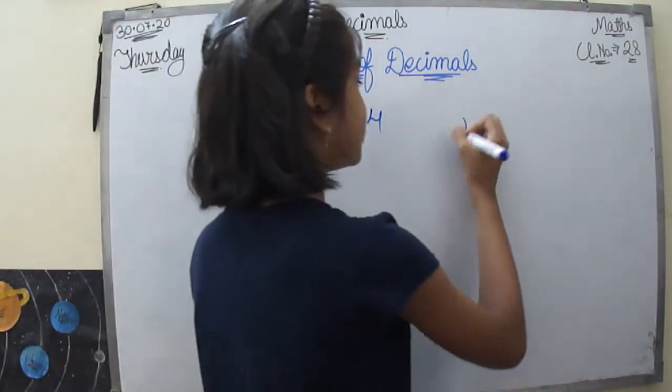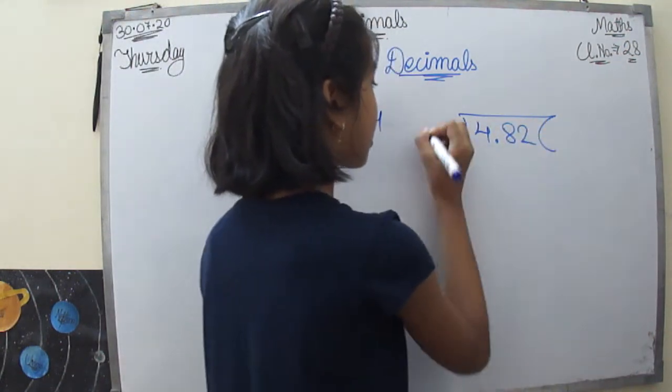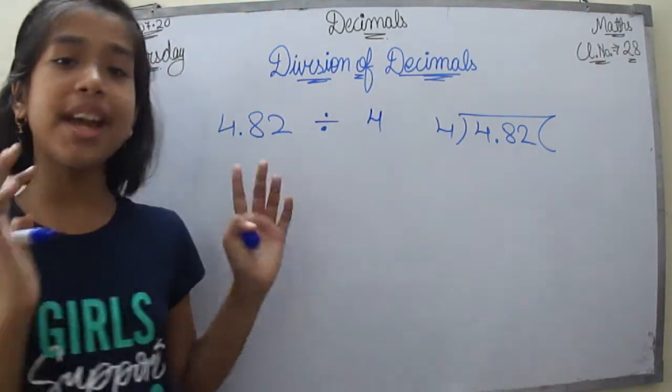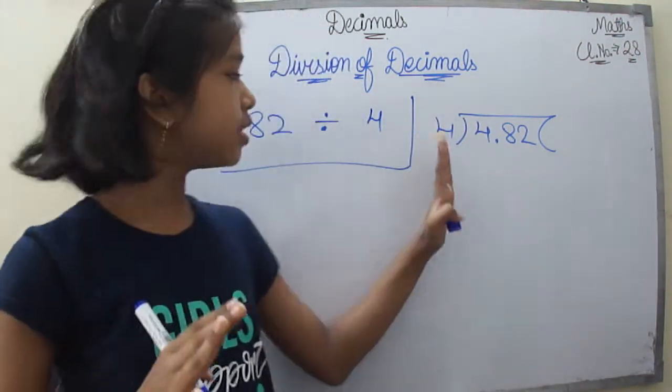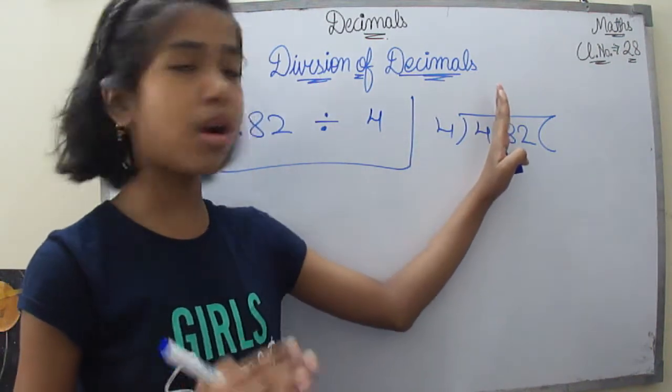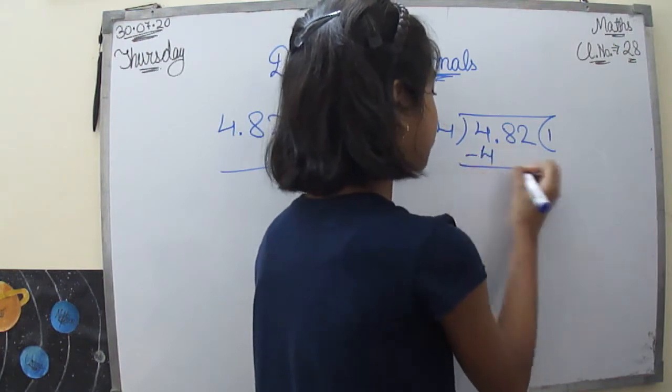So for this, let's write it. For dividing this, what you have to do is simply divide the whole part first. So let's divide that. 4 into 1, 4, very simple.